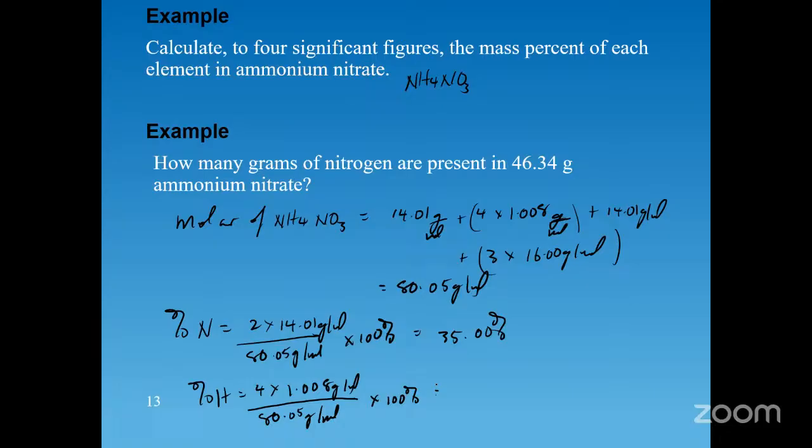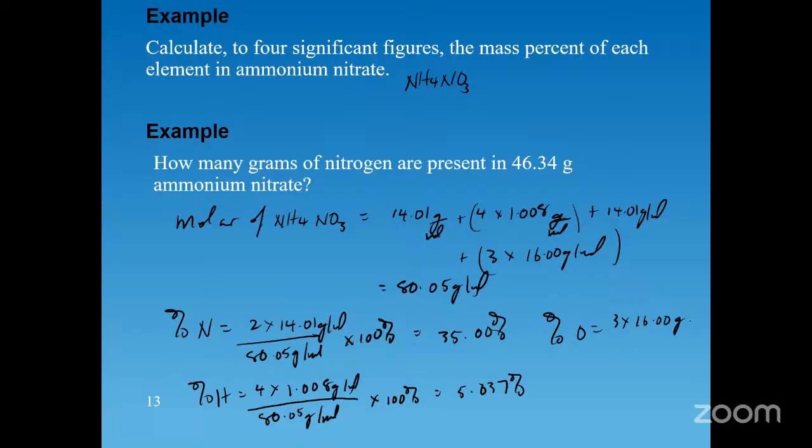So that would be 4 times 1.008 divided by 80.05 times 100. And according to my calculation, this works out to be 5.037%.